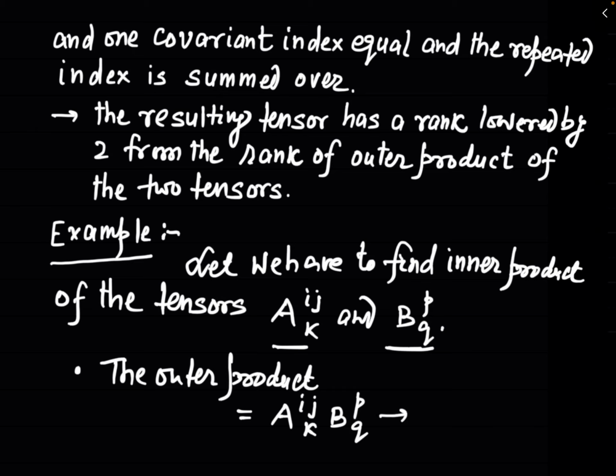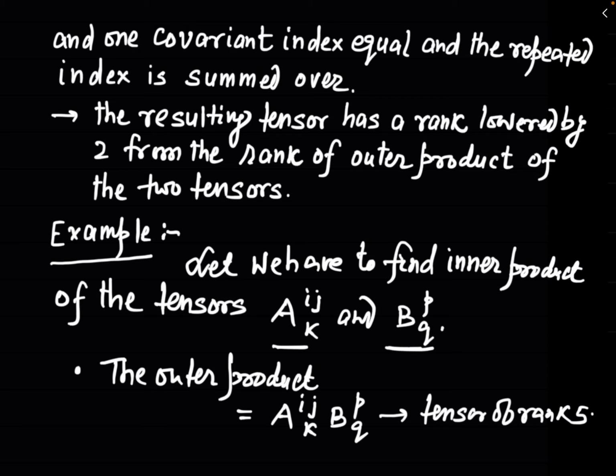And you can see this is a mixed tensor of rank 5. In fact, the rank of tensor A is 3 and that of B is 2. So this is a tensor of rank 5.